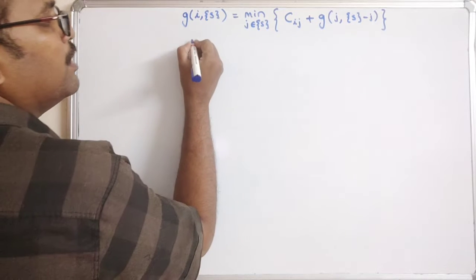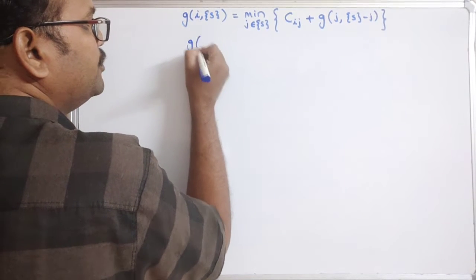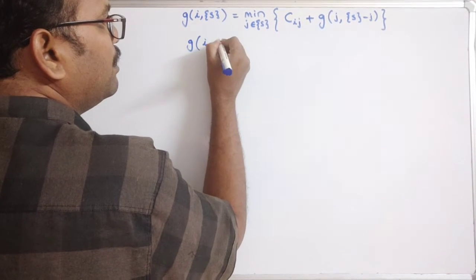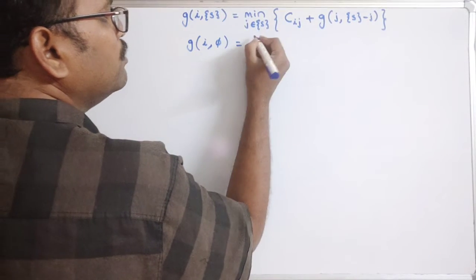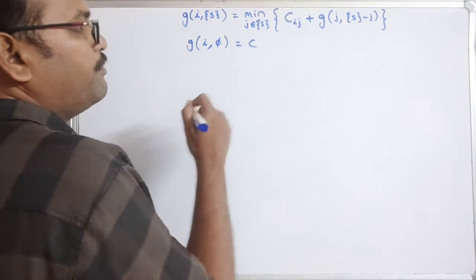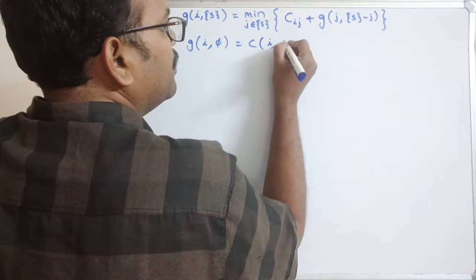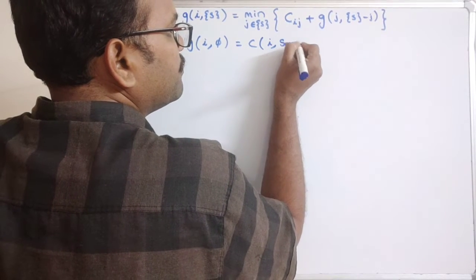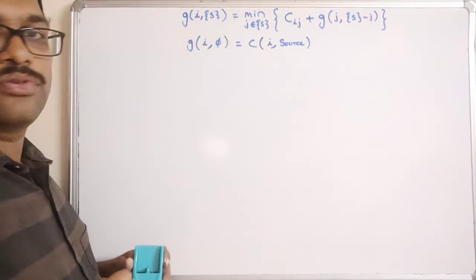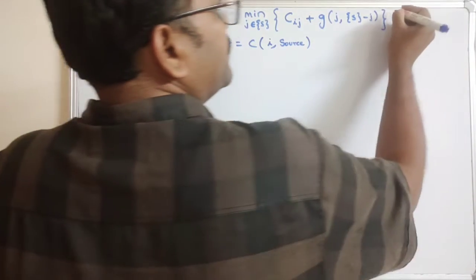And one more formula, G of I comma empty set is equal to cost of I comma source. I comma source. Okay, right.